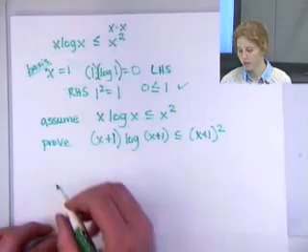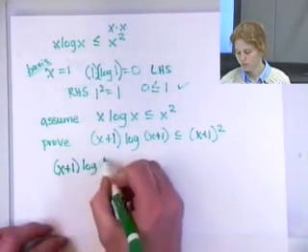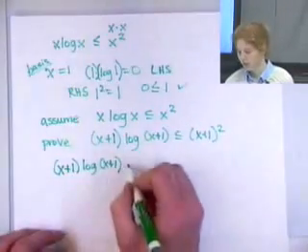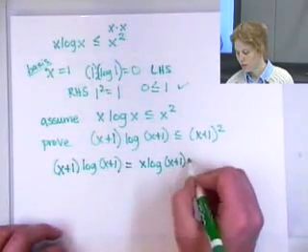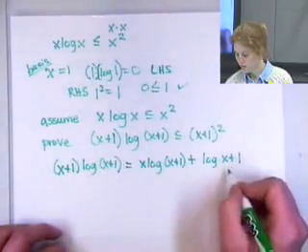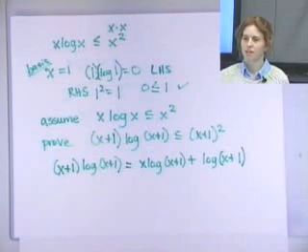Then I would start with the left-hand side. I'd multiply it out. That's equal to x log of x plus 1 plus log of x plus 1. Don't forget to put parentheses.